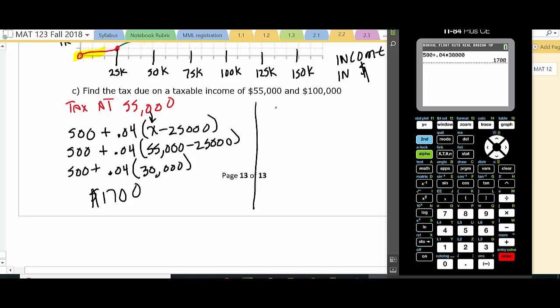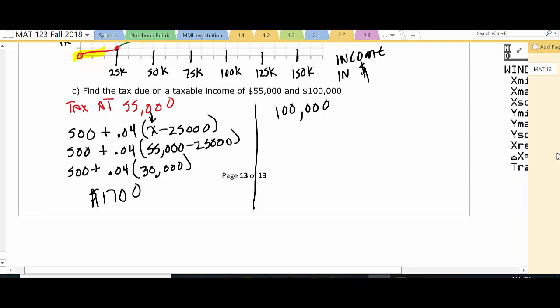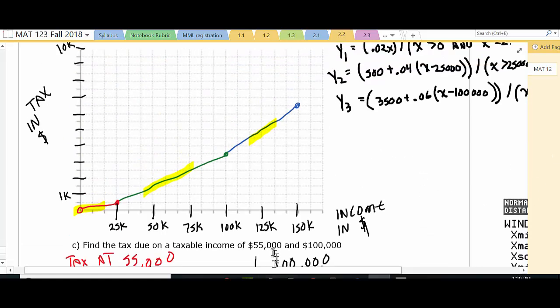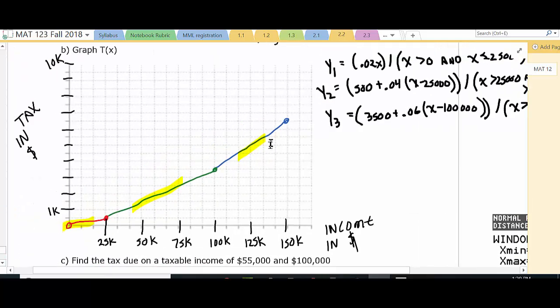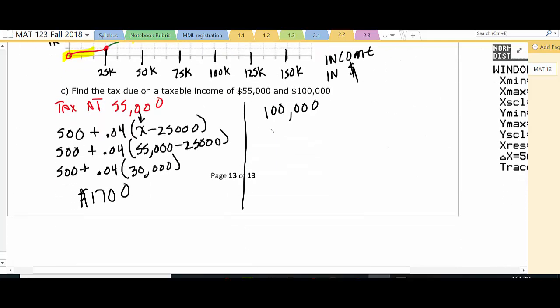And then the last one is 100,000. So if it's 100,000, I think on that one you need to look at the piecewise function we wrote. Now that's still the middle piece, okay, because you still do the same thing. If you are 100,000, you still do the middle piece, because that said less than or equal to 100,000. So you just do the same thing on this.